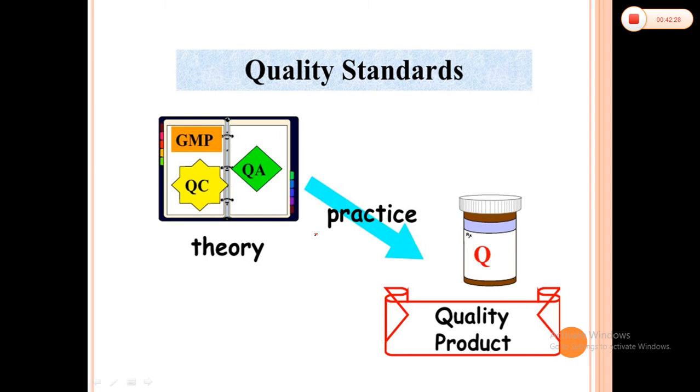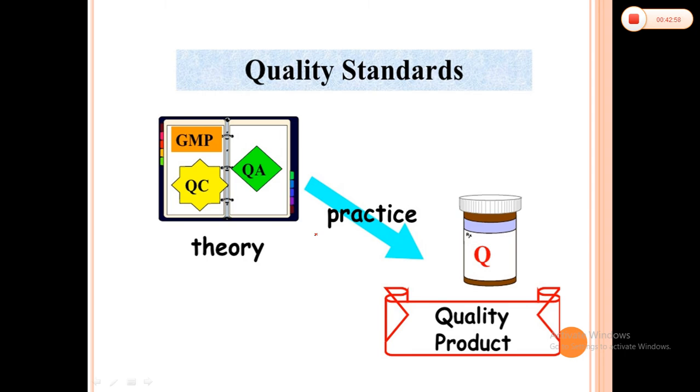So here we can simply summarize our topic: if you follow GMP, you will follow QC, by which you can control the quality and ultimately assure the quality. All this I have just discussed is theory. When you apply this theory in practice, you understand why these steps are required, why such a filtration is required, and why not another method.